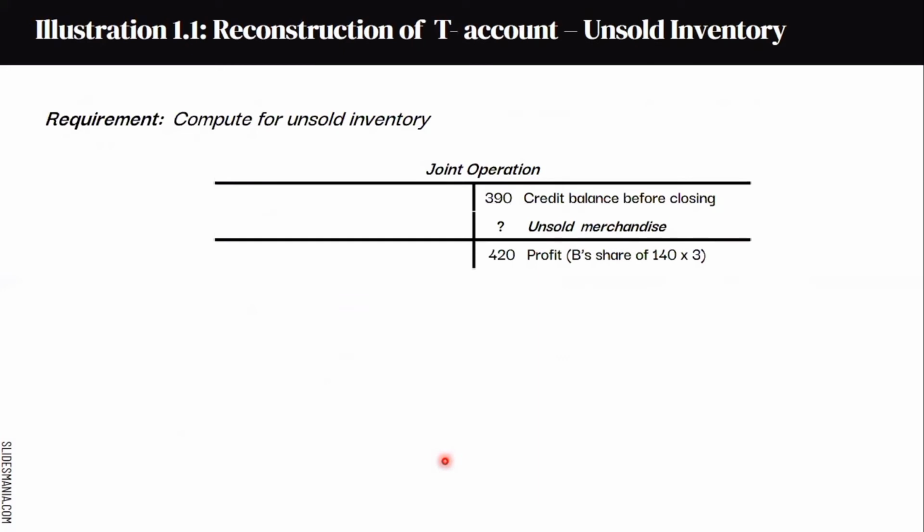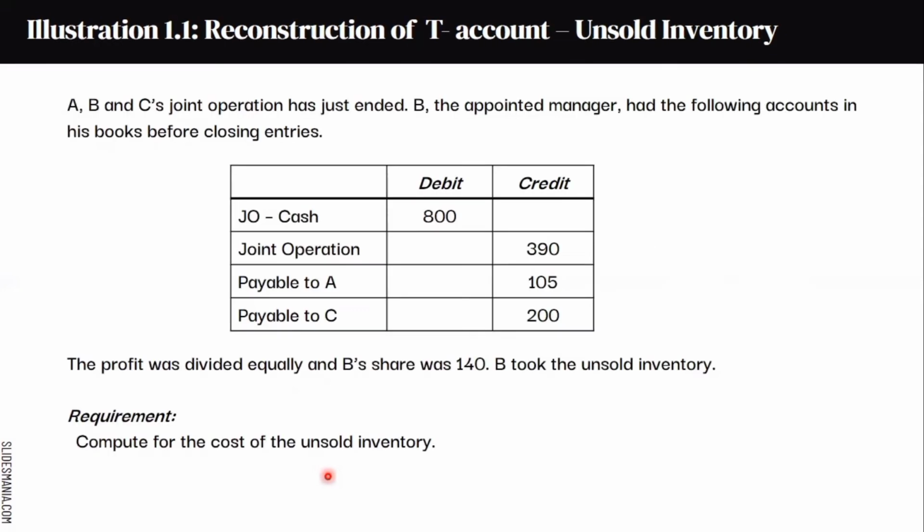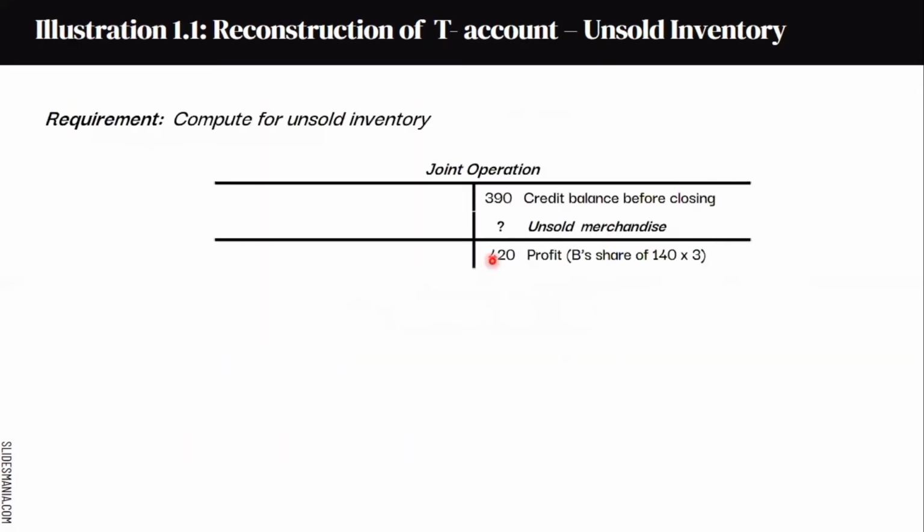Gamit tayo ng joint operation account, yung T account. Sabi doon, meron daw credit na joint operation. So, sa ating T account, 390 na credit balance before closing. Tapos unsold merchandise. Yan yung hinahanap natin. Sabi doon sa additional info na si B daw ay merong share sa profit na 140.